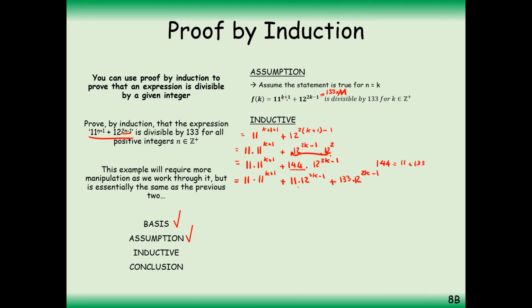Now, I can factor 11 out of this. When I factorize an 11 out of this, I will have what I had in my assumption step, which is 11 raised to the power k plus 1 plus 12 raised to the power 2k minus 1.